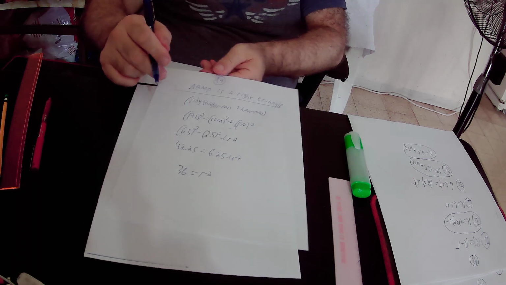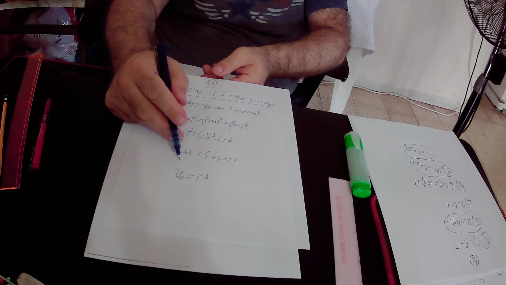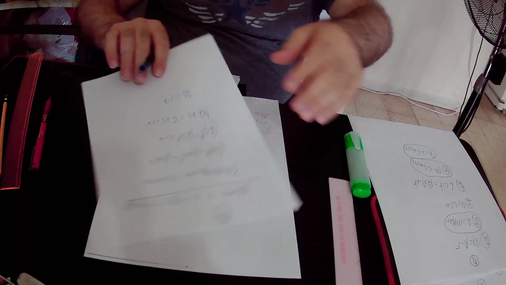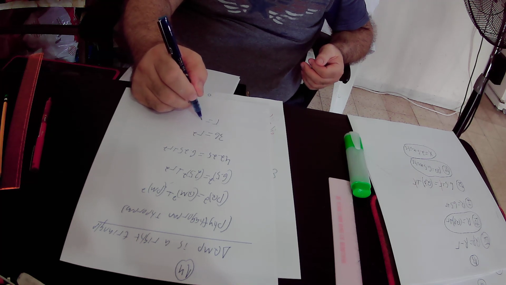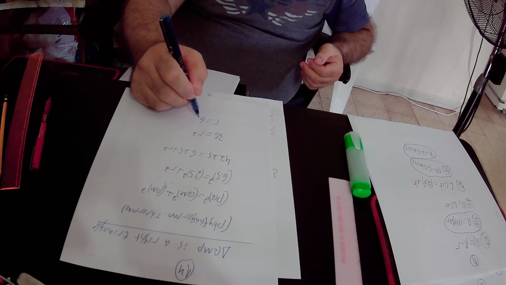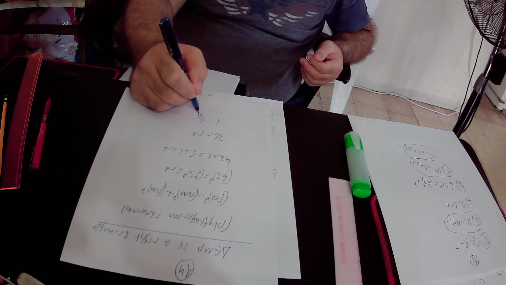Here we will take the root of this equality and we will get that r equals the root of 36. The root of 36 is 6. So in total we got that the radius of the small circle equals 6 units.